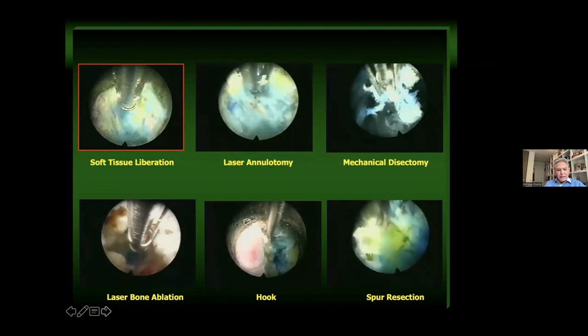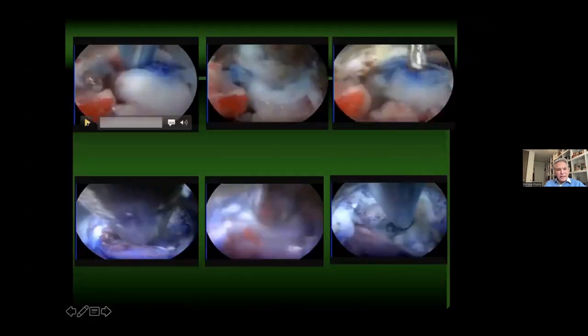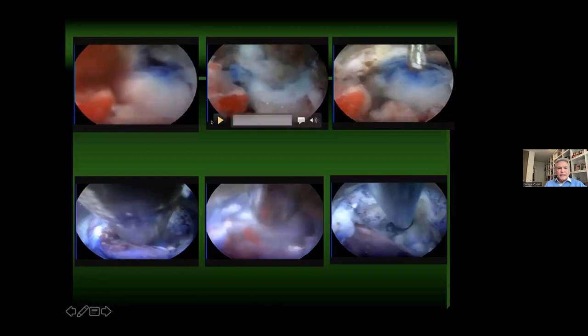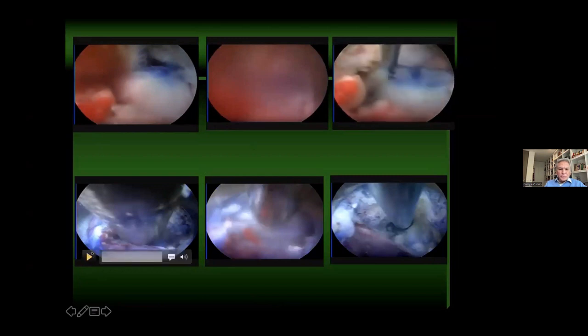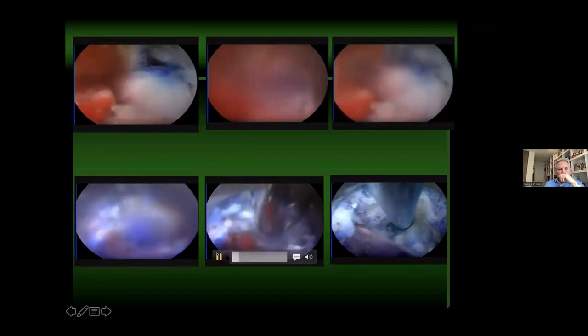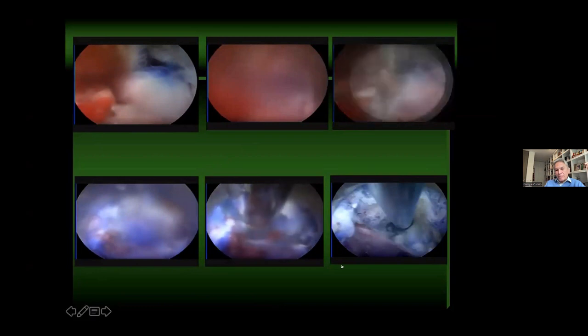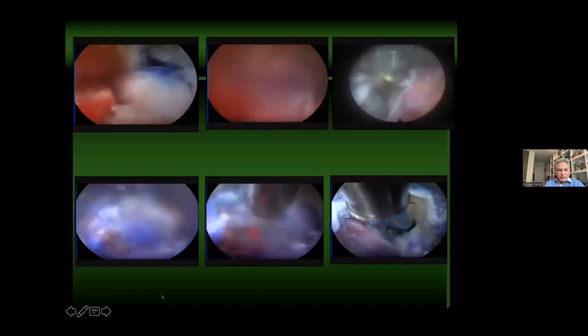And in the last, really in the last 7 years, we use more the radiofrequency, with which we can coagulate, and we can also use all the instruments, the graspers, the hooks, and also drills to open the foramen and everything.